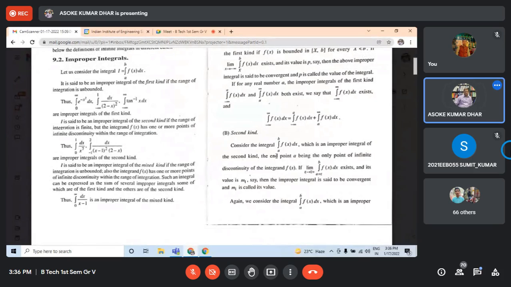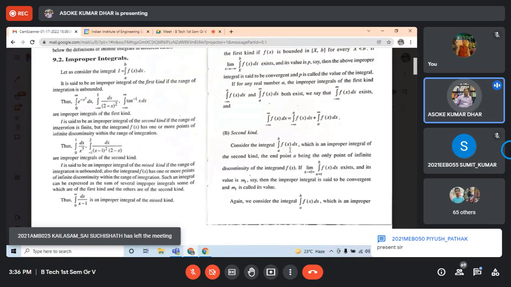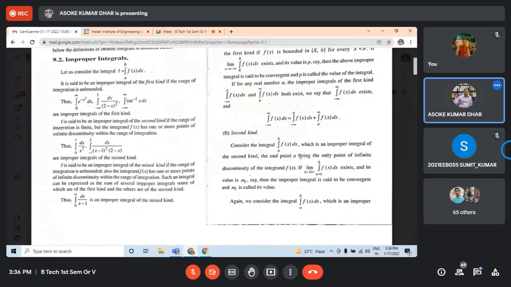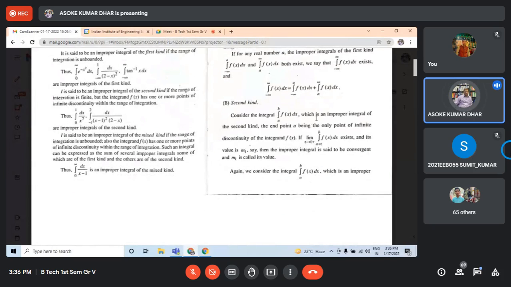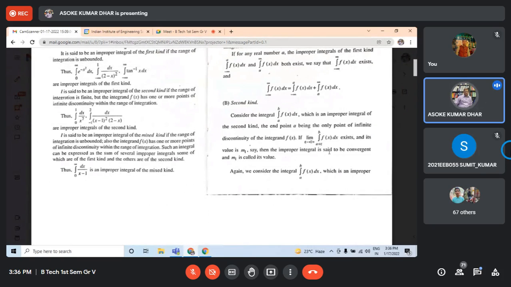Second kind: here the range is finite, a to b, but the function is unbounded. Suppose f(x) is unbounded at the end point a, the lower limit. Then we proceed in this way: limit of a plus epsilon to b, where epsilon is a small positive number, suppose 0.01.